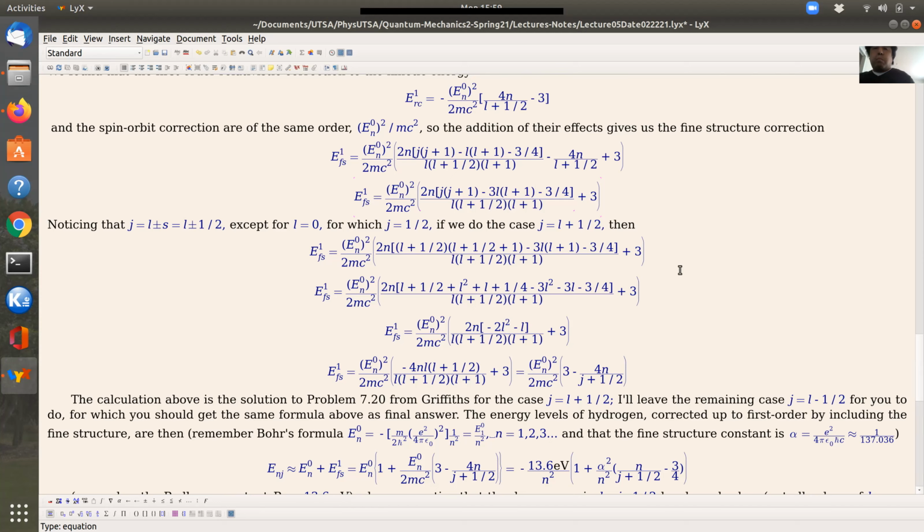We use the fact that the quantum number j is equal to L plus minus S, with S being equal to 1/2. So J is equal to L plus minus 1/2, except for the case L equal to 0, where you only have the positive sign, and in that case J is equal to 1/2 solely. So I'm going to do the case of the plus for you in this variation, and I'll leave you the minus to do.